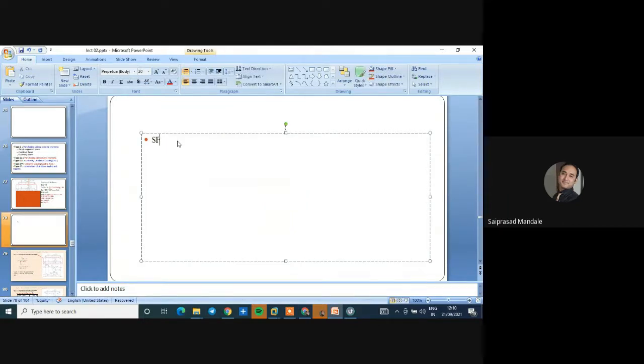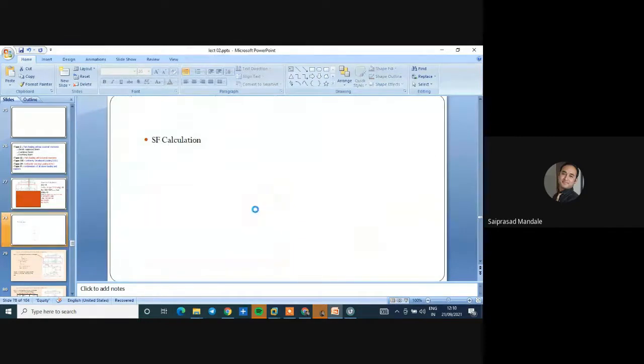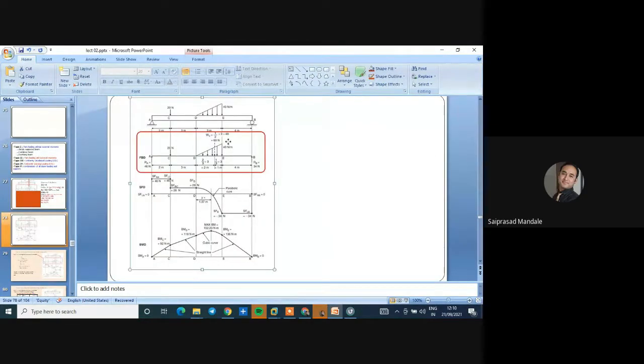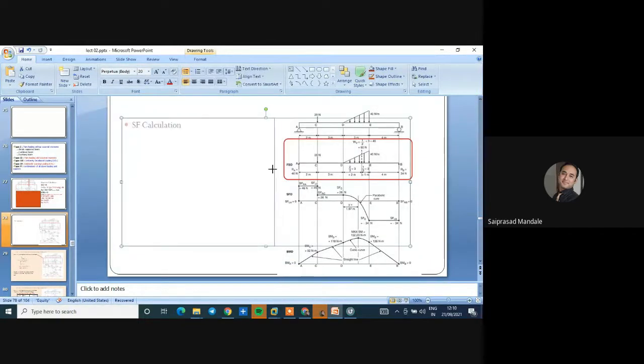SF calculation. Who will help me with this?